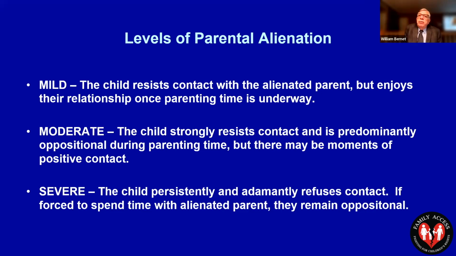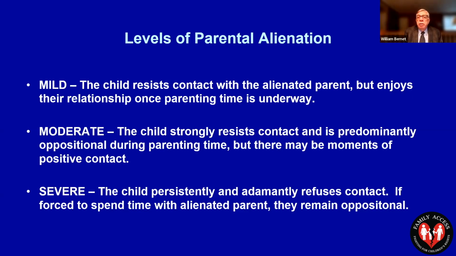And so even though they're predominantly oppositional during the parenting time, it's not total. And it goes back and forth. And there are times when they do get along. So the people who describe this have a little bit of sense of hopefulness, because there are moments when they have their good relationship with the child, even though there are times when they're very negative.